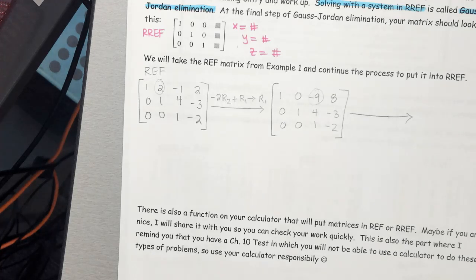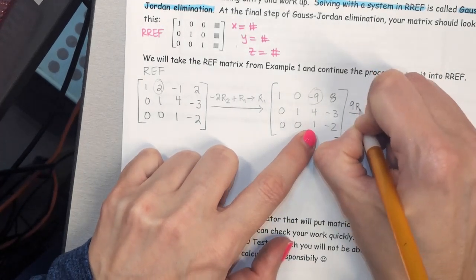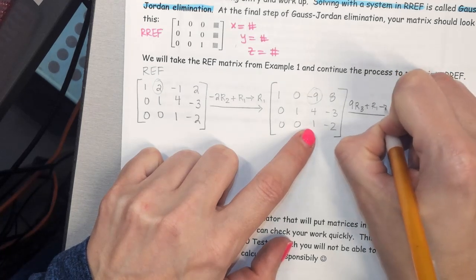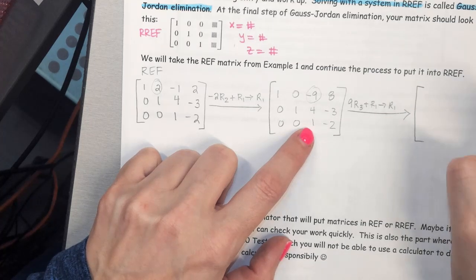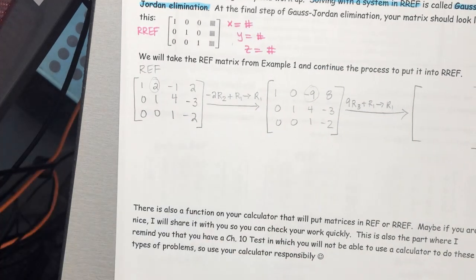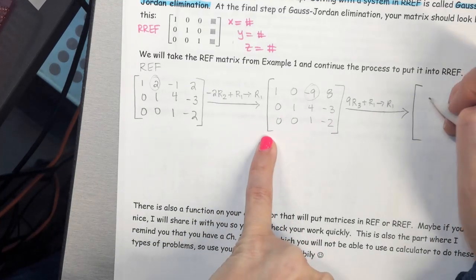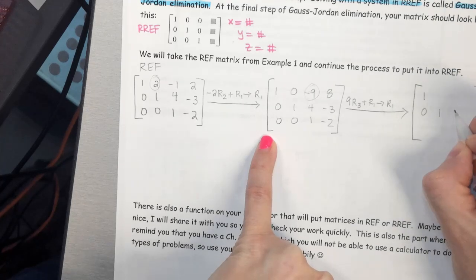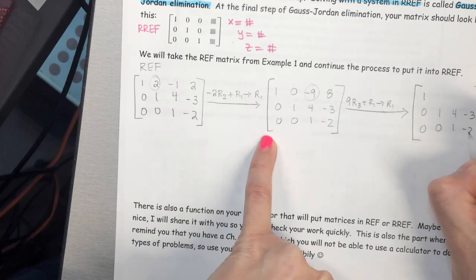Once you figure out what you're going to multiply by, you're going to multiply 9 times row 3. We're going to add that to row 1, and put that in row 1. I like to put the other 2 rows here just to keep myself organized.